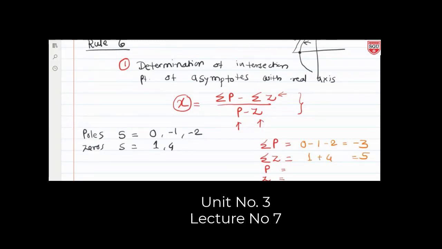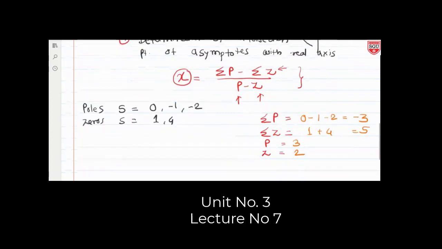Number of poles, how many poles are there? 3. And number of zeros? 2. So what will be the value of x? X will be equal to summation of P minus summation of Z, that is minus 3 minus (minus 5), divided by P minus Z, which is 3 minus 2.